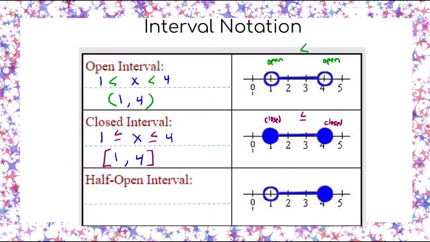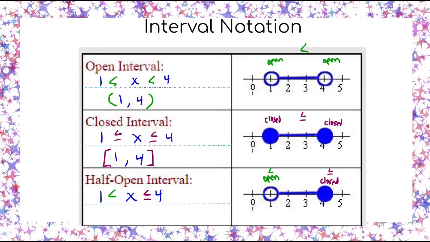So let's look at this all together. For that last example, I have 1 open, and then I have 1 closed. It'll be that symbol. What do you think my inequality notation would be? I'll get you started. It's going to be 1, x, 4. My first symbol would be less than. My second one would be less than or equal to.